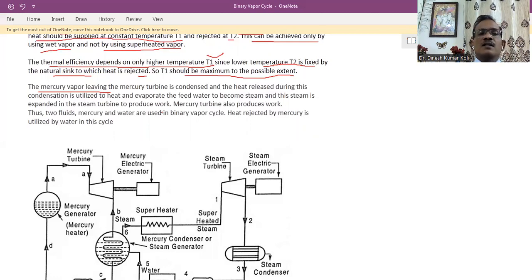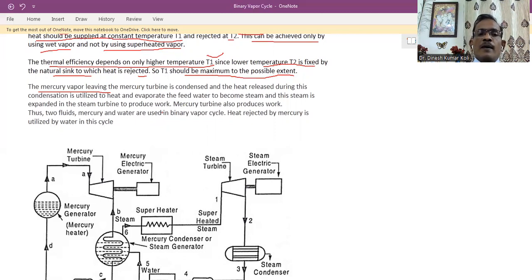Because as we know, if we use only steam as the working fluid, there are some disadvantages, because there are some metallurgical conditions. The metals can withstand only up to a temperature of 650 degrees centigrade, not beyond that. But we want to give more heat in the boiler, and the heat is given by the combustion gases produced in the combustion chamber of the boiler.